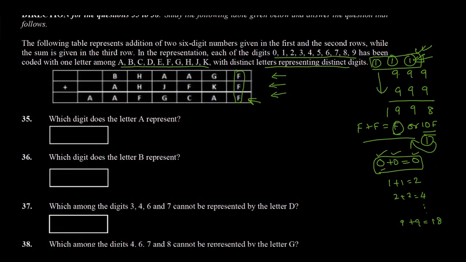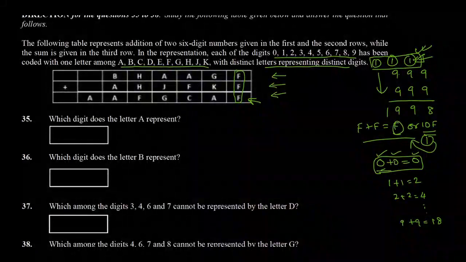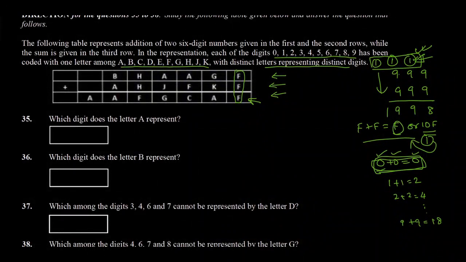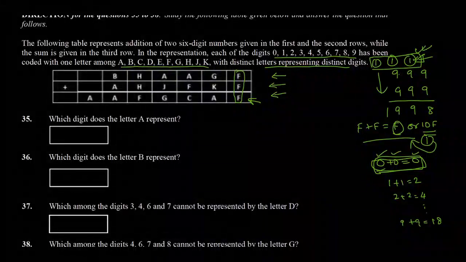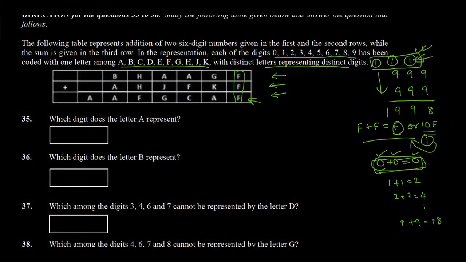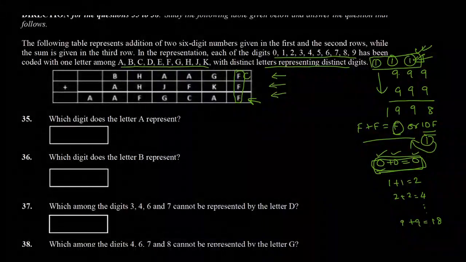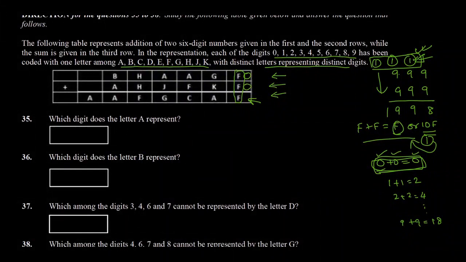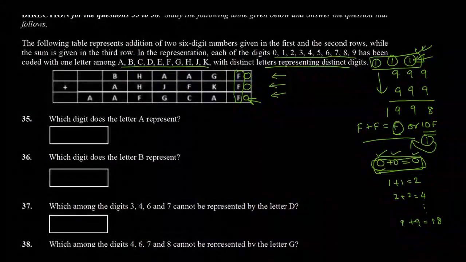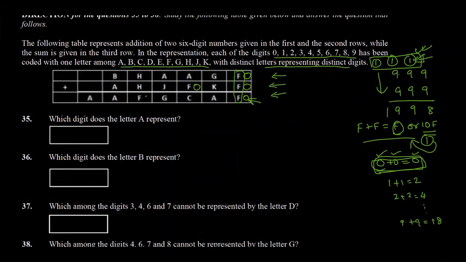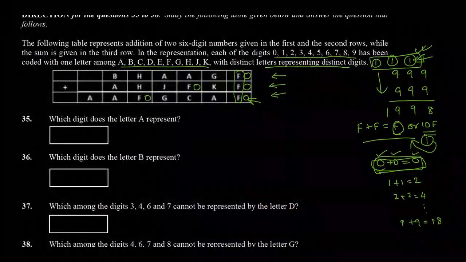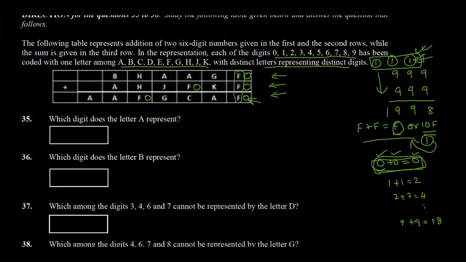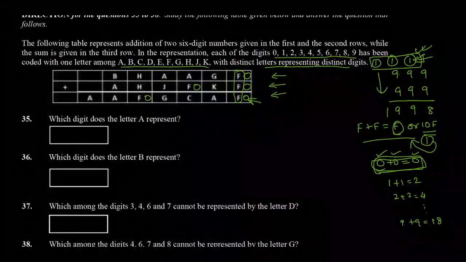So there is no other way that you can get the same number when you are adding two same numbers. So therefore F becomes equal to 0. Now we see F in two more places in the addition, and we equate them to 0.